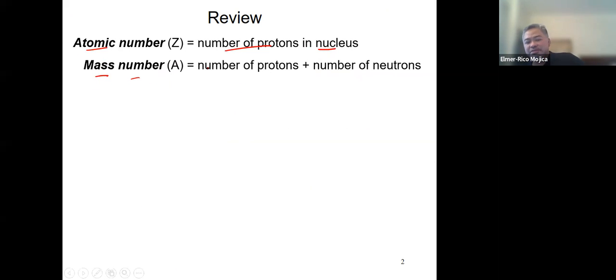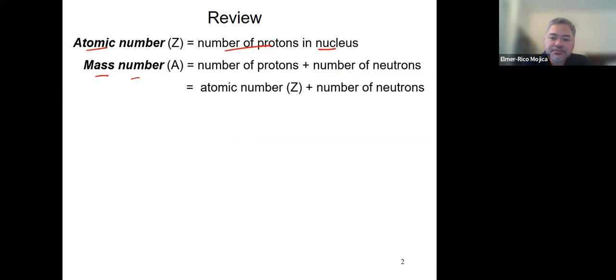Mass number is the number of nucleons, the number of protons plus the number of neutrons. So if you look at the nuclei, this is the element, this is the atomic number, and this is the mass number.